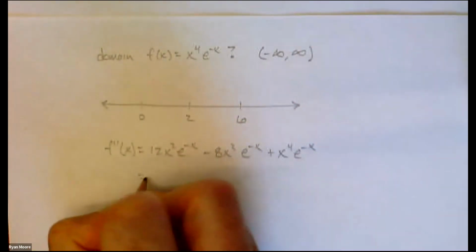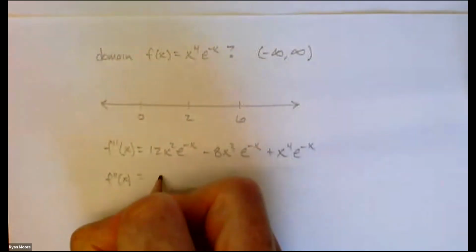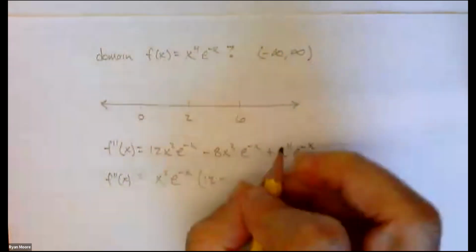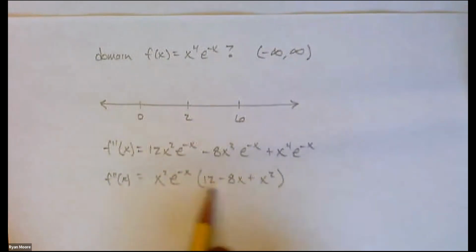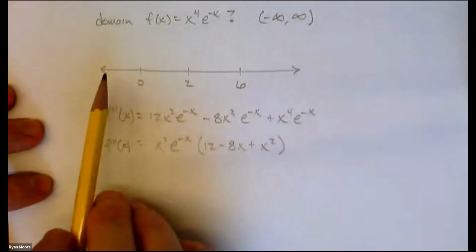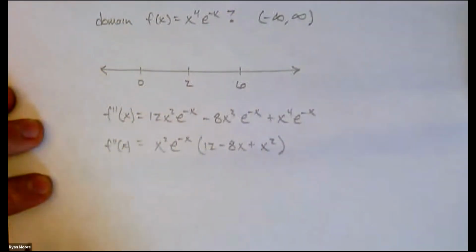Even if it's easier, you know, you say, hey, I could do that factoring again, right? x squared e to the negative x, 12 minus 8x plus x squared. And I could plug it into this if that was a little bit faster for me. Okay, now, oh, we've got 4 intervals. Let's begin.